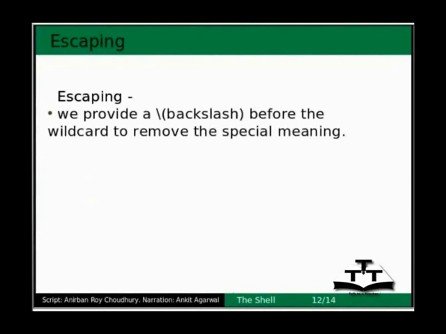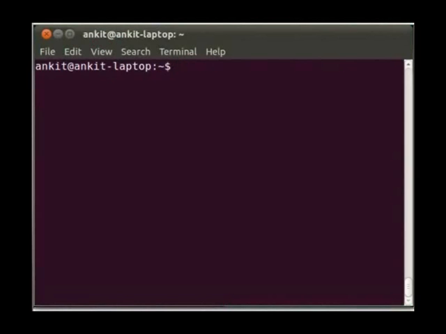In escaping, we provide a backslash before the wildcard to remove the special meaning. Like if we want to actually create a file with file name tut star, we can type cat space greater than symbol space tut followed by a backslash followed by a star.